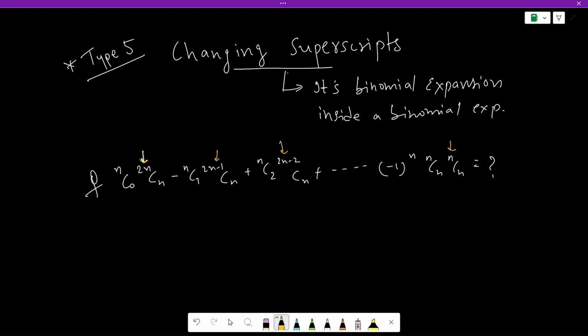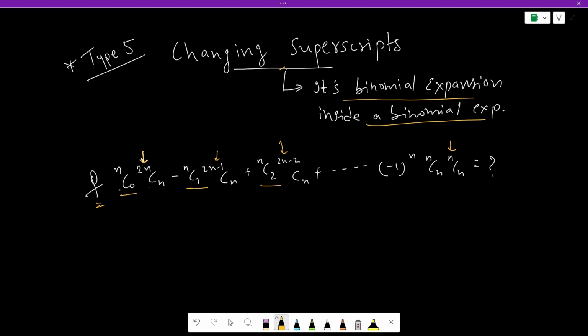Now the observation in this kind of question is that it is a binomial expansion inside a binomial expansion. Let's understand this by example. So this is the example where we have nC0 2nCn, nC1 2n minus 1 Cn, nC2 2n minus 2 Cn, and so on till n terms.